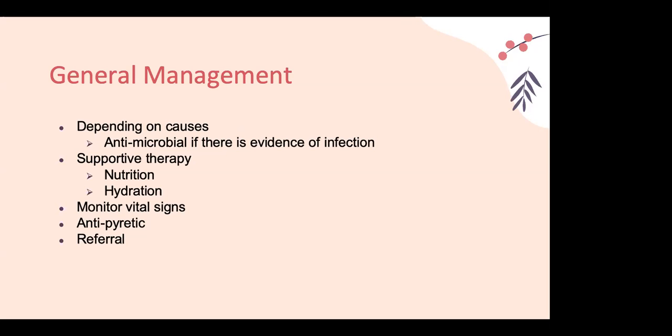And then supportive therapy such as nutrition, because if the child is malnourished, there is high risk to develop severe infection, and also hydration. We also need to monitor vital signs. Then give antipyretic for fever, and refer to the specialist if the cause of the fever is still not known after we have done initial investigation.